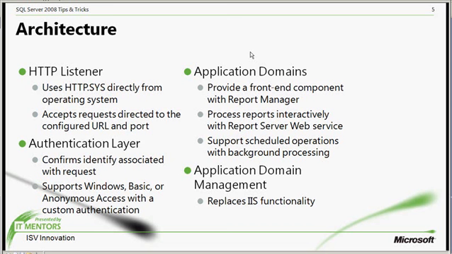Now, if you do have IIS installed on the same machine, that works perfectly fine as well. It is able to distinguish certain URLs, so it understands which requests to route to IIS and which requests to route to Reporting Services. Obviously, you're not going to be able to deploy something on localhost port 80/reports on both IIS and Reporting Services.